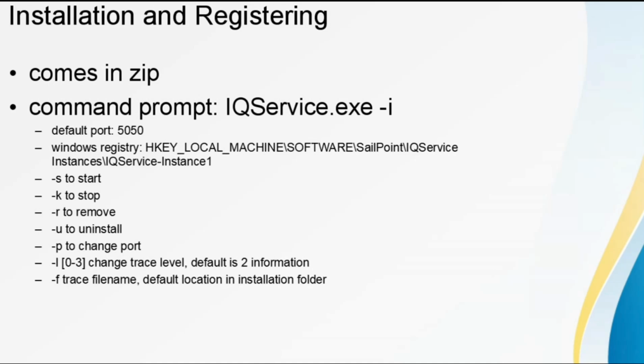Now, how to install or register IQ Service? First of all, it comes in a zip, so you have to copy this zip onto the server or system where you want to install it.